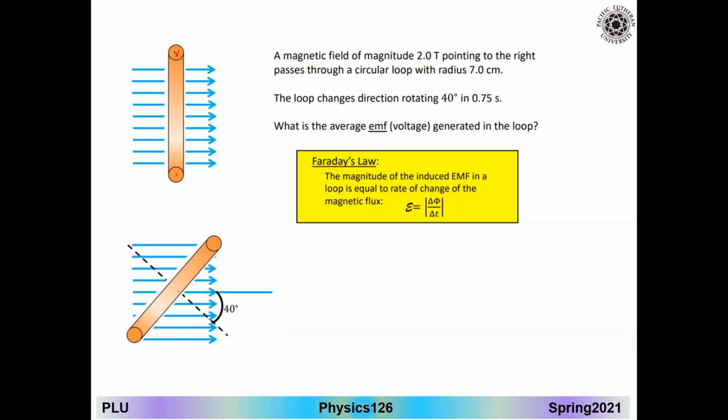When you turn by an angle, the flux decreases. A decreased magnetic field means, according to Lenz's law, it should generate a magnetic field to support or increase the magnetic field, with the induced magnetic field in the same direction as the original magnetic field.